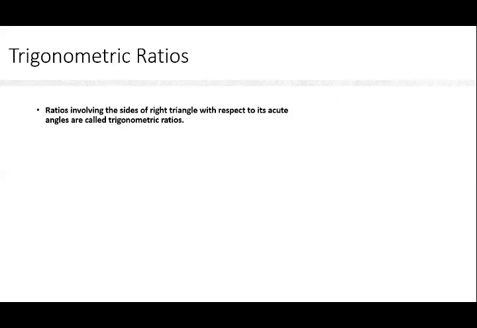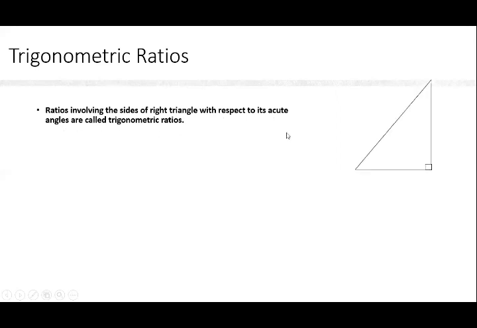Now, what is a ratio? We know that a ratio is nothing but the comparison of two quantities of the same kind by the division method. So if we divide the sides of a triangle, then those ratios are known as trigonometric ratios. The trigonometric ratios involving the sides of a triangle with respect to its acute angles are known as trigonometric ratios.